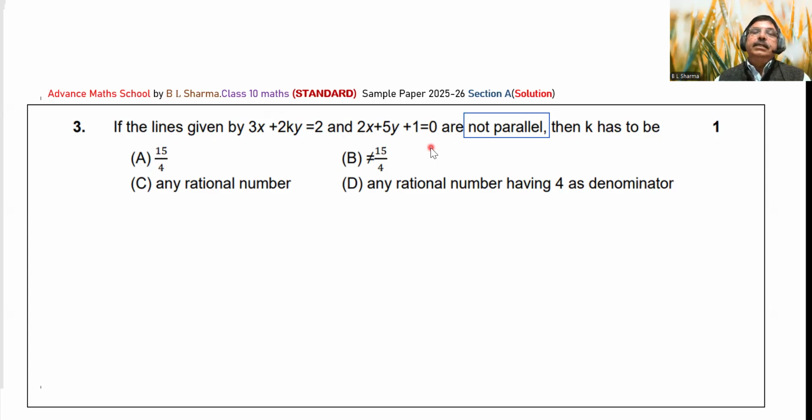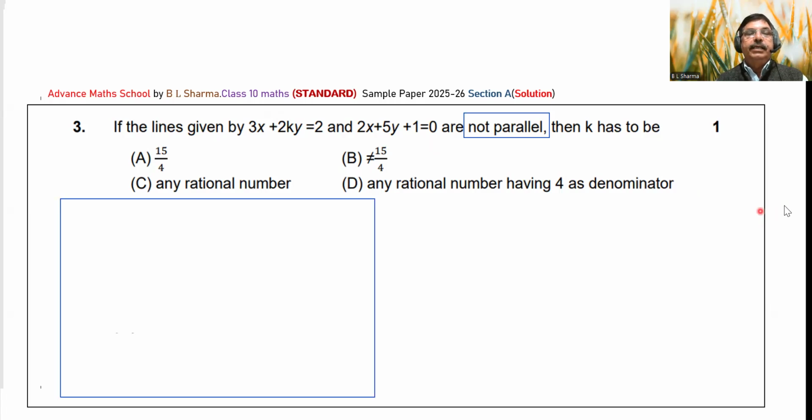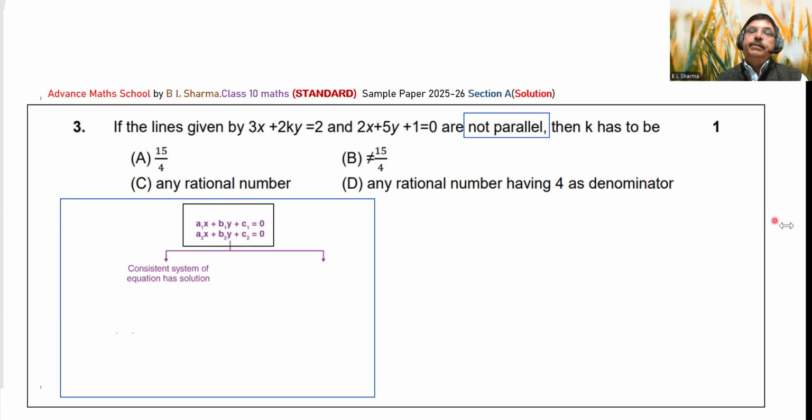Lines are consistent or inconsistent. I will explain this chapter in detail, because one such question is sure to come. These two linear equations in two variables have two possibilities: consistent or inconsistent. Linear equations in two variables are consistent if they give a unique solution or infinitely many solutions. If they give a unique solution, the condition is a1/a2 is not equal to b1/b2.